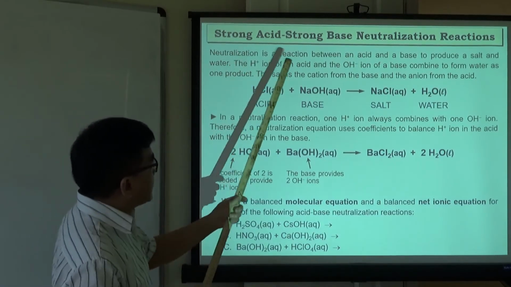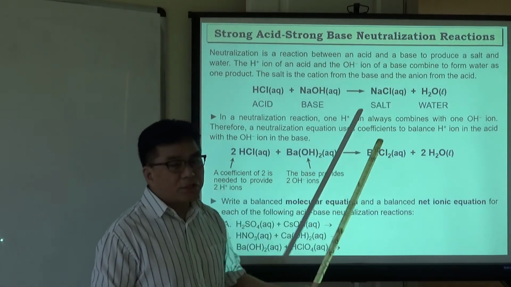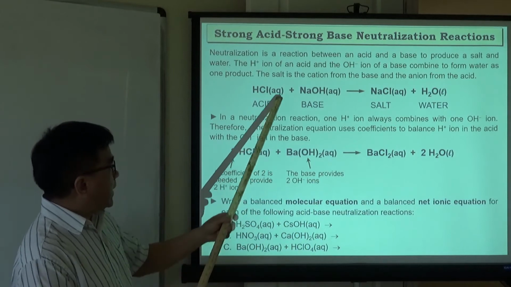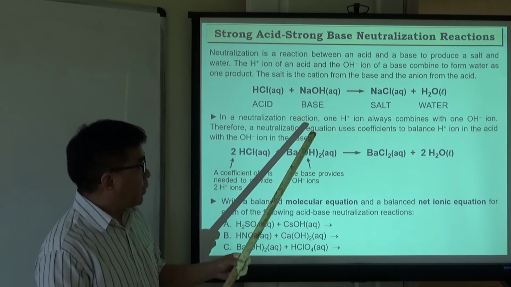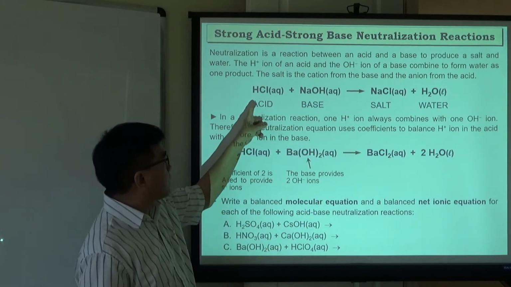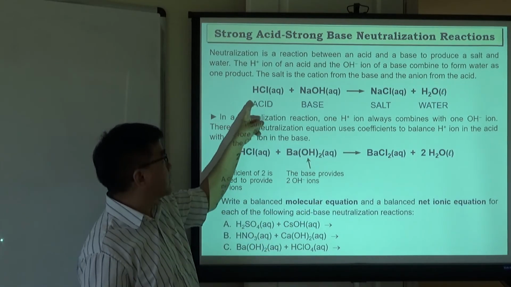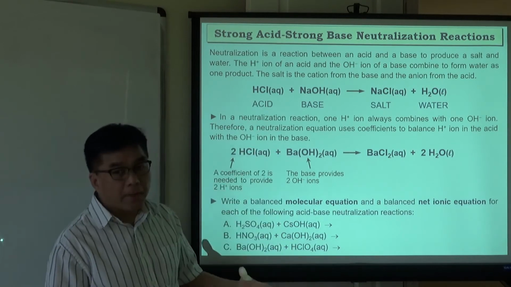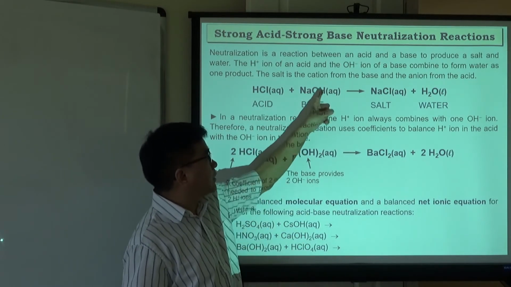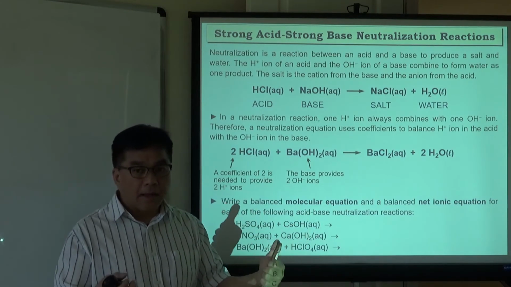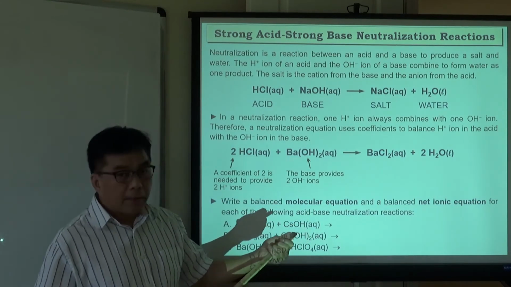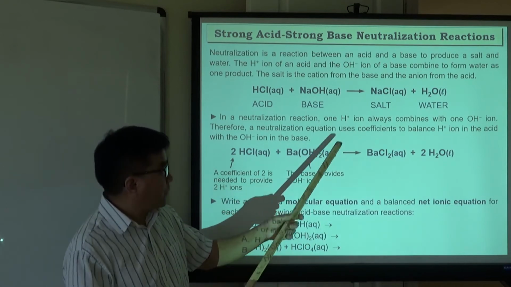Okay, strong acid, strong base, neutralization reactions. When you mix a strong acid with a strong base, the strong acid dissociates to produce hydrogen ions, and the strong base dissociates to produce hydroxide ions. When you put hydrogen and hydroxide ions together, they will come together instantly to form water.